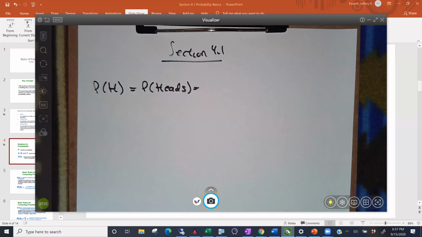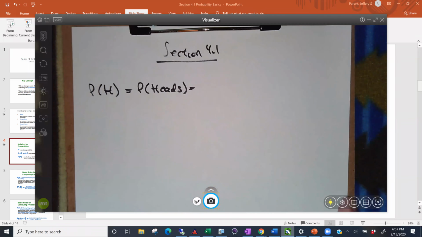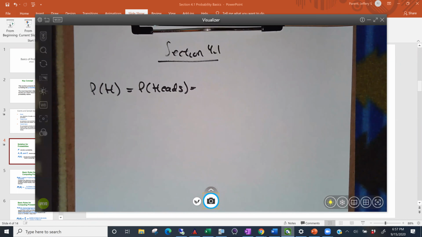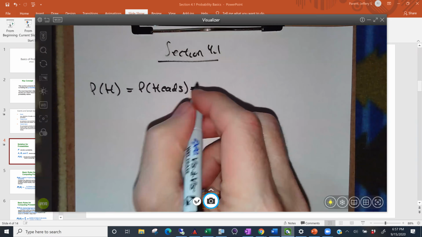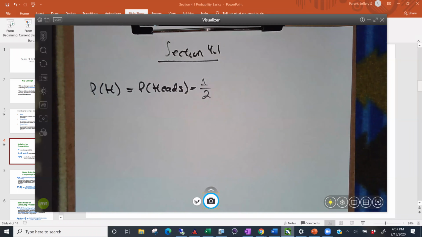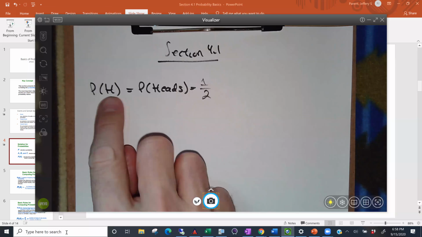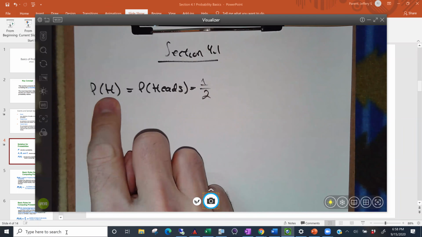But if I was to toss a fair coin, what's the probability that I'll get a head? What's the chance that I'll get a head flipping a coin? 1 out of 2. 50-50. Yeah, 1 out of 2, a 50-50 chance, 0.5, 50%. A lot of different ways you can say that. So, okay, nice. That's an example of this notation, the probability of this event.